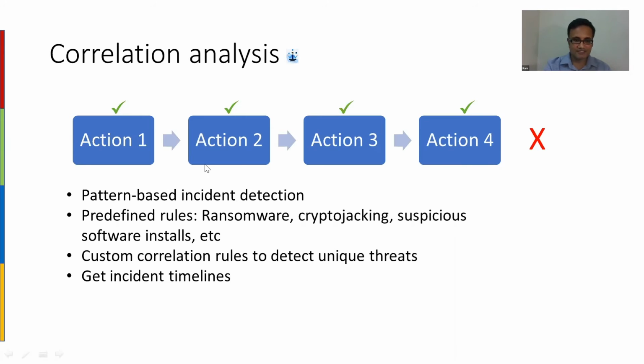But when you look at a sequence, when you look at action 1 followed quickly by action 2, then by action 3, and then by action 4, that could be very, very telling. That could be a very strange sequence of actions, and in fact, that could be a cyber attack that you need to be very, very concerned about. And that's what correlation rules aim to solve for us. That's a challenge that we can solve. So yes, we'll see how correlation analysis works in a SIEM solution like Log 360 just now.